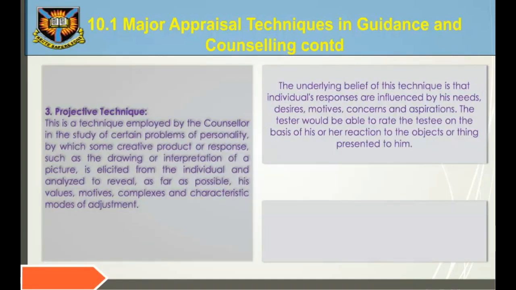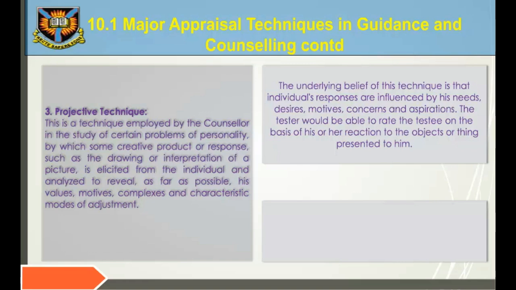3. Projective technique. This is a technique employed by the counselor in the study of certain problems of personality, by which some creative product or response, such as the drawing or interpretation of a picture, is elicited from the individual and analyzed to reveal as far as possible his values, motives, complexes, and characteristic modes of adjustment.